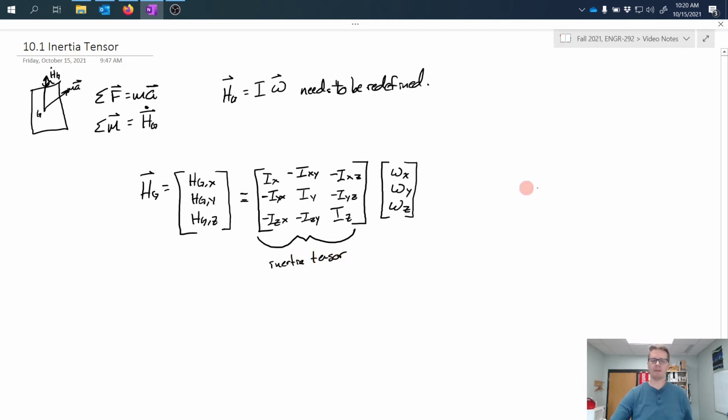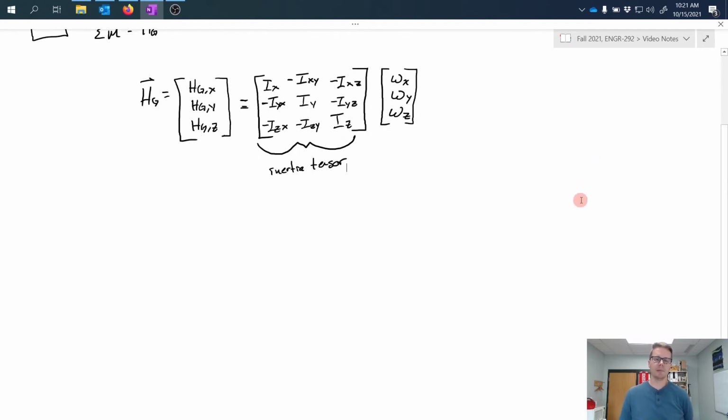It again defines the different ways in which we might consider our rigid body undergoing various forms of rotation, or maybe able to handle various forms of rotation would be a better way to say it, being able to account for a wide variety of geometries, not necessarily symmetric about any one axis, and a more general approach. Now just to spell everything out, we can expand the matrix multiplication to see what the individual equations would look like.